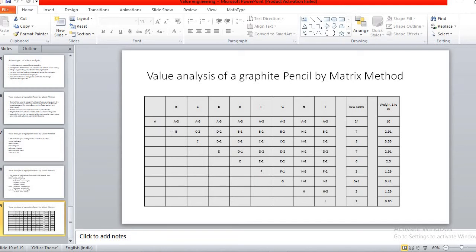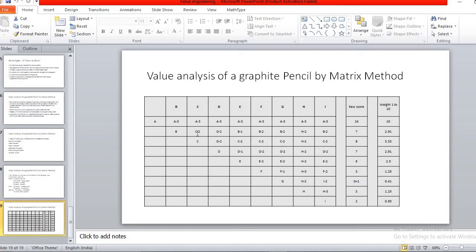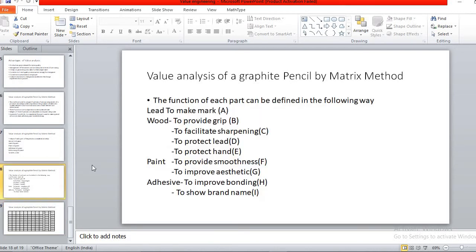Now for B, the correlation of B and C. B is related to provide grip and C is facilitate sharpening. In this case we gave more weightage to C, on the scale 1 to 3, a weightage of 2. Again for D, D is related to protect lead.